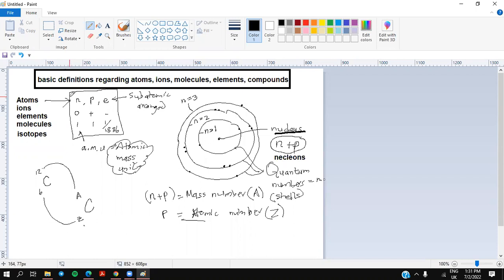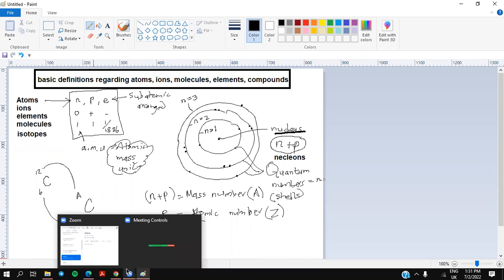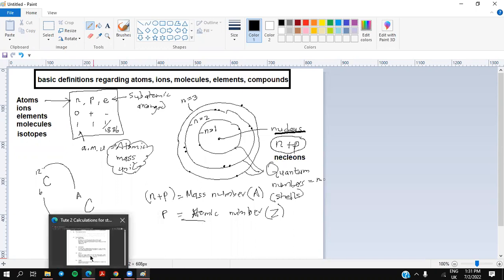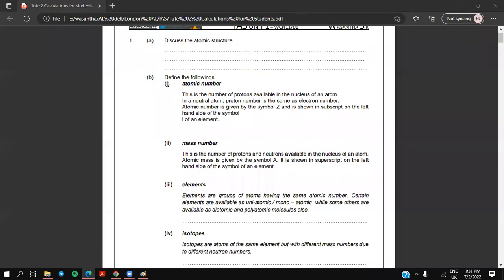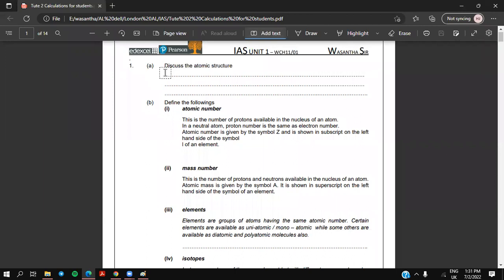So we see what is there in the tube. From this part, I have explained the atomic structure. Here to explain the structure of the atoms, I explain everything.